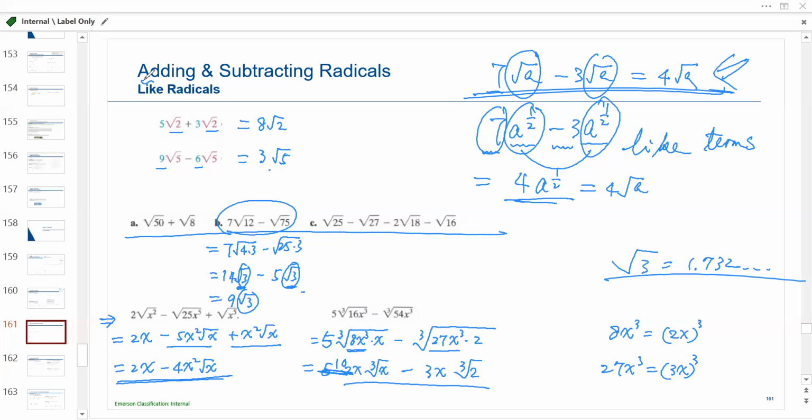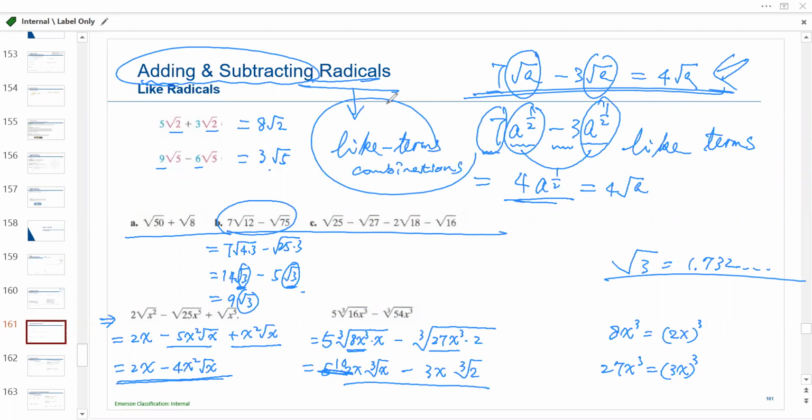So adding and subtracting radicals is similar to combining like terms. Internally we need to do some proper transformation, to make it as simplified as needed.